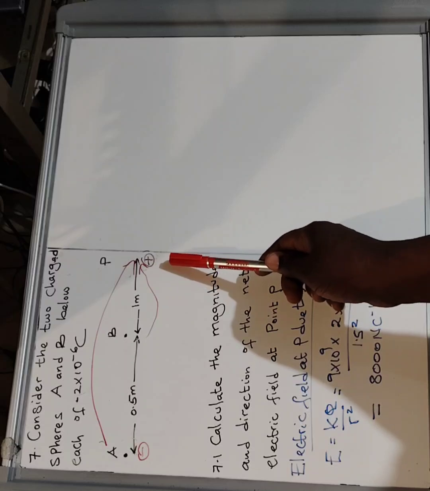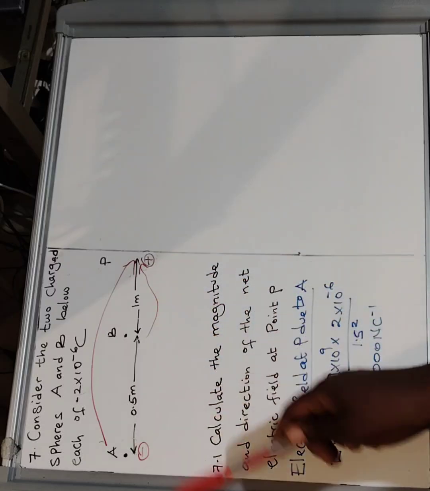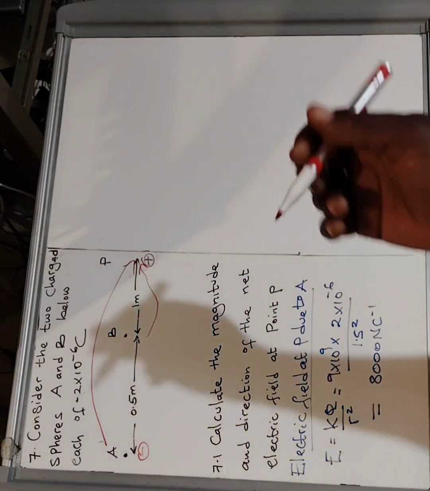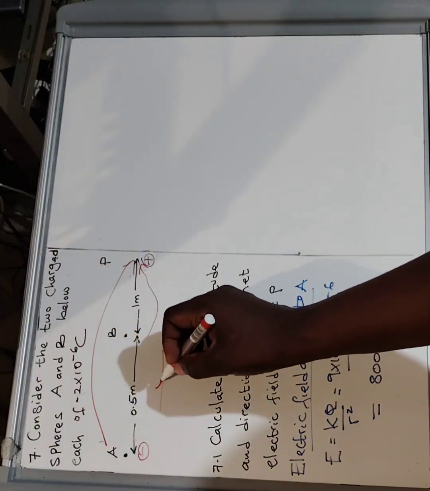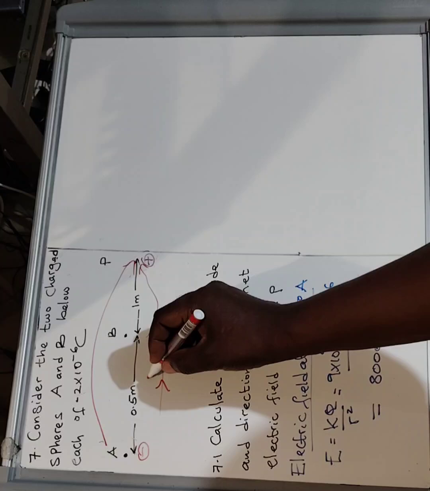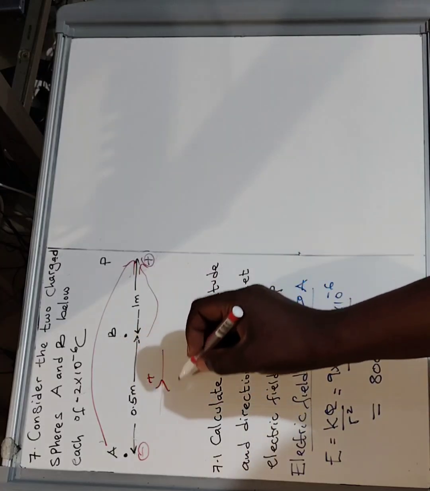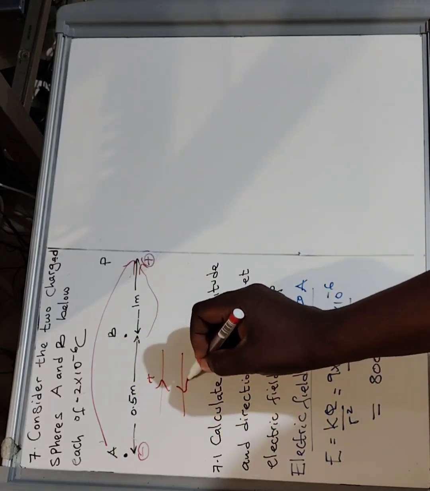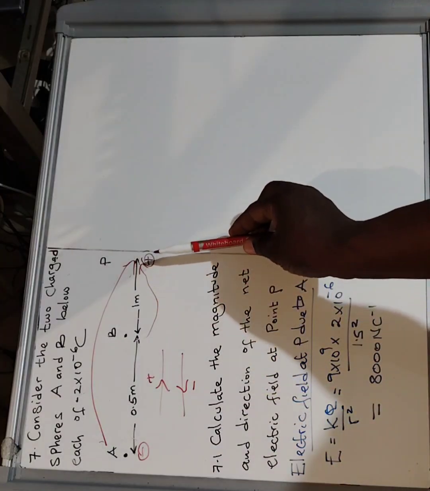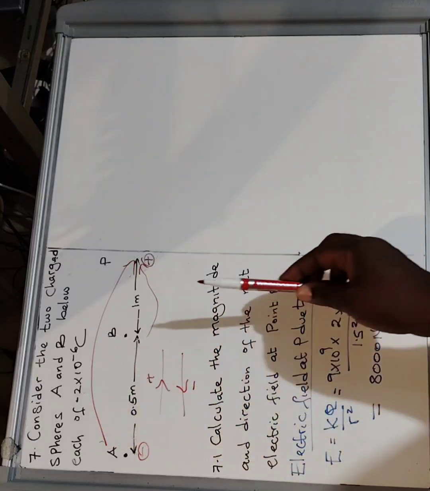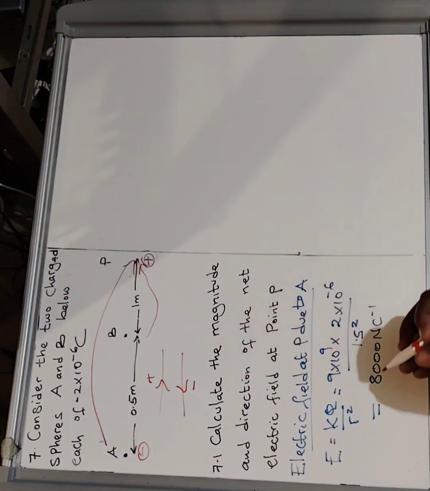And attraction means P moving to the left. I have to remind you that if we chose to the right to be positive, then to the left is going to be negative. So movement of P towards A is negative in direction. So this electric field is negative.